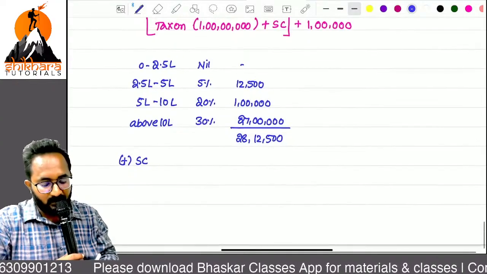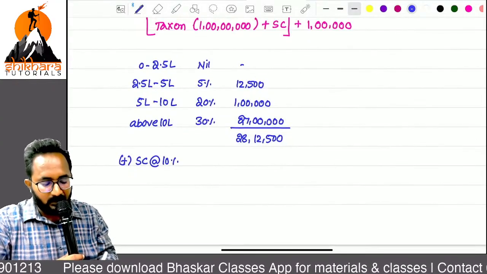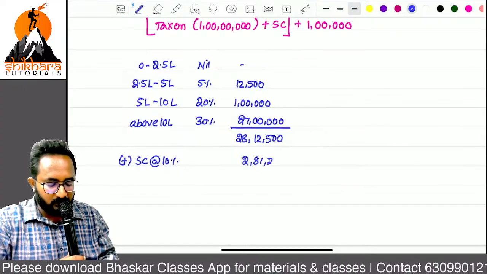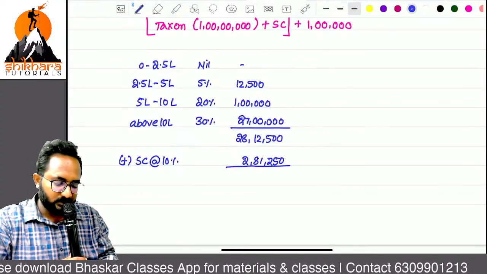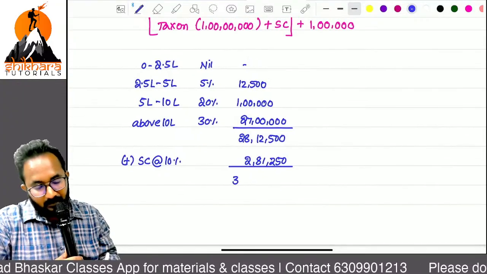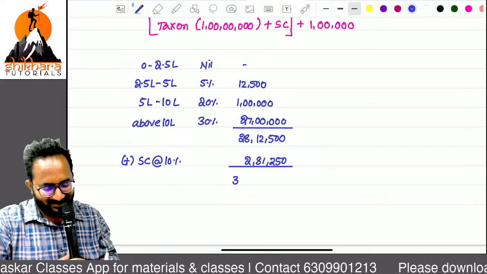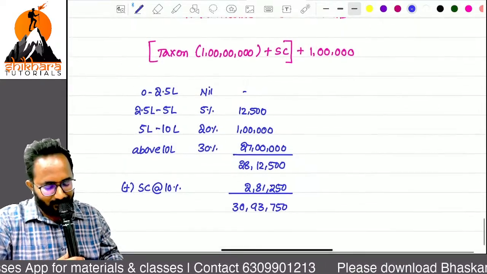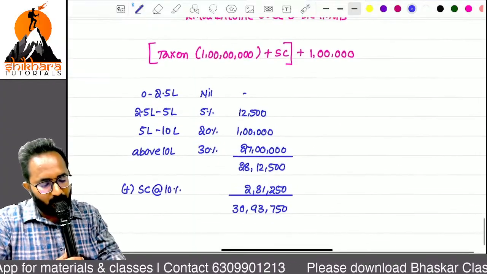How much? 10%. Here you will get 2,81,250. How much do you get in total? 30 lakh 93,000.